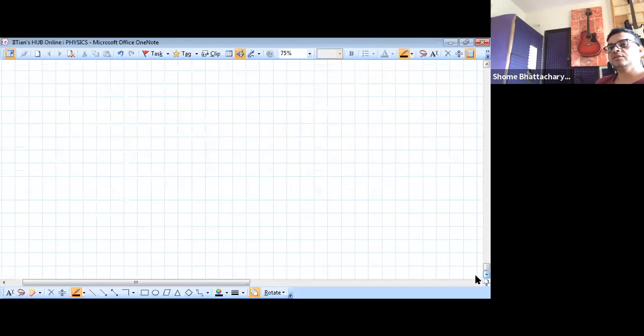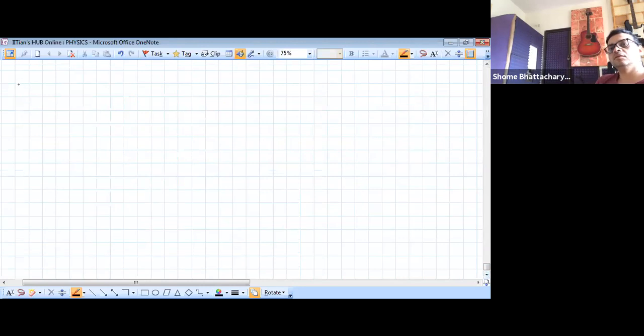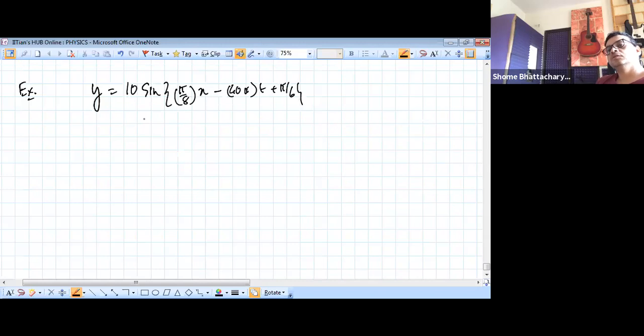Okay, so let us understand all this with an example. So x is in meters, t is in seconds, and y is in millimeters.